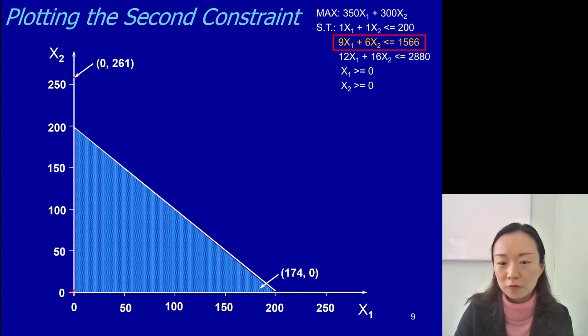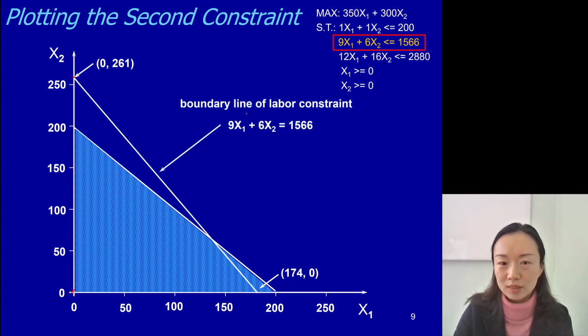So (174, 0) is the second point we need to draw that line. We connect these 2 points and get this second line, which represents the second boundary line of the labor constraint, 9x1 plus 6x2 equals 1566.